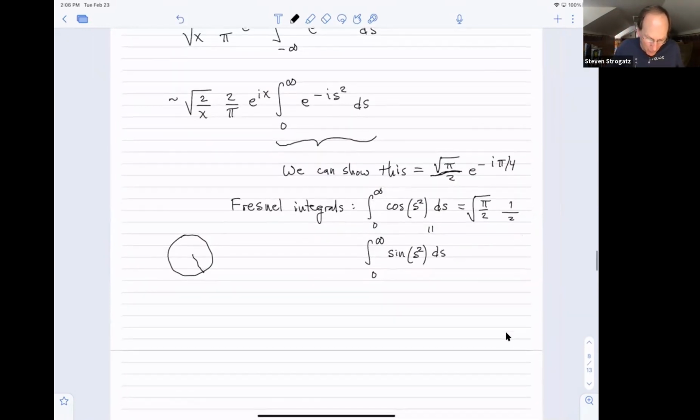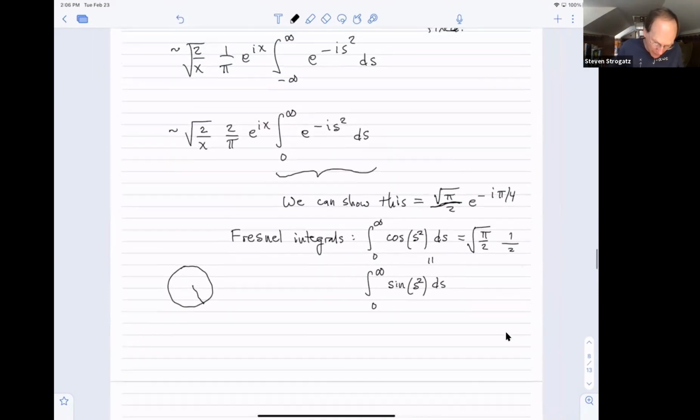And so where am I? I guess what I've been trying to do with this big long chain of reasoning is get to this asymptotic formula.